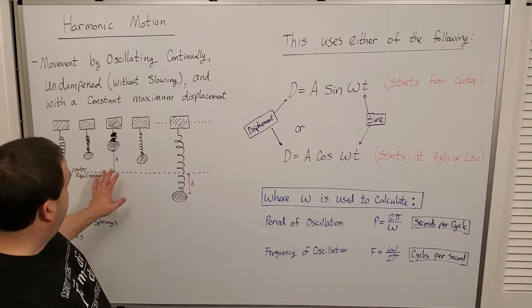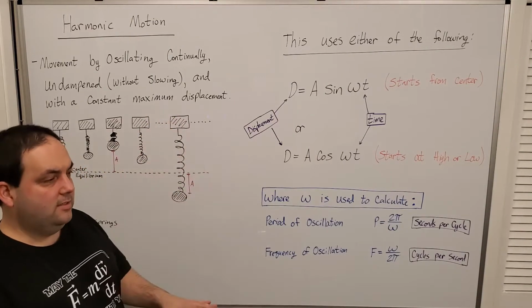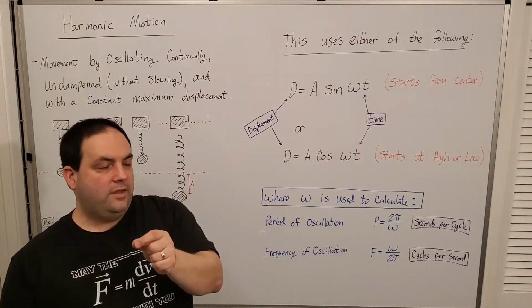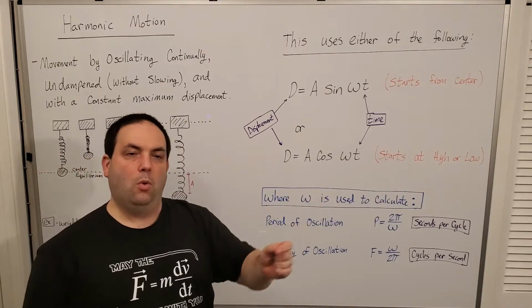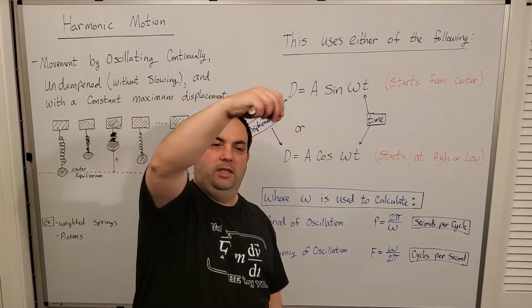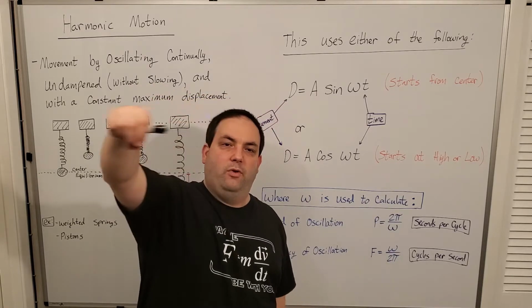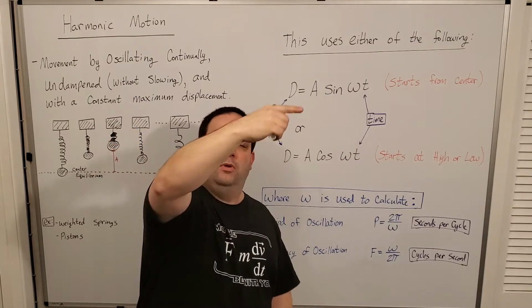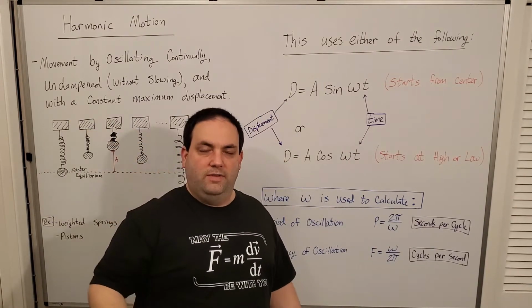But then it doesn't have to be up and down like this. I mean, we could be talking about a weight moving left and right, or some sort of hypnotic thing where somebody waves a coin in front of you left and right, and it always swings the same amount left and right of the center.